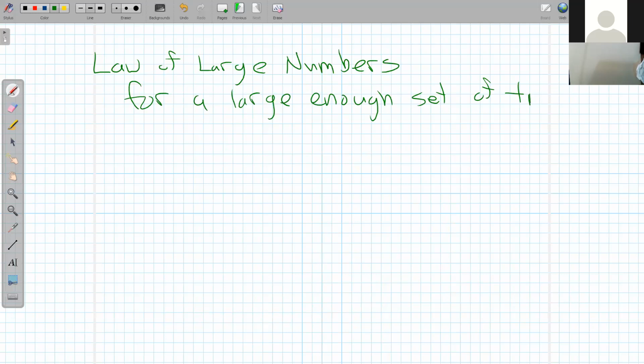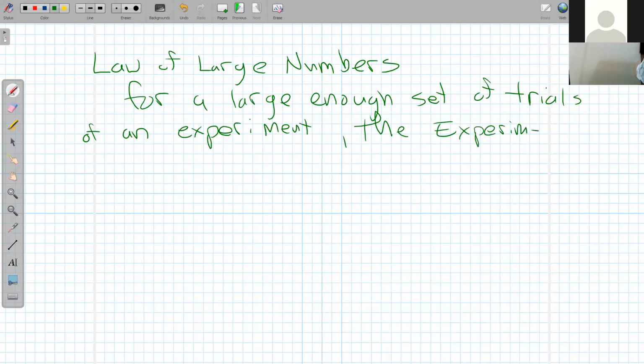So we do a large enough set of trials of an experiment. Maybe it's 1,000, maybe it's a million. The experimental probabilities will be close to theoretical probabilities.